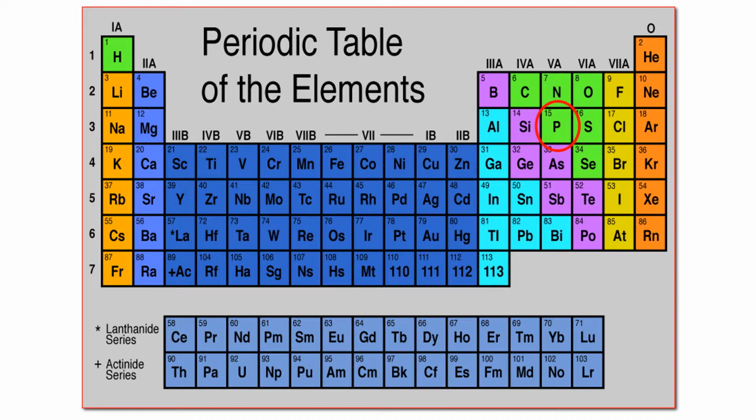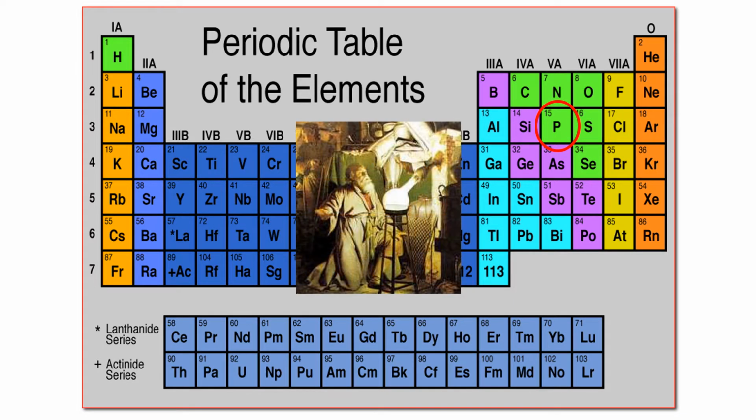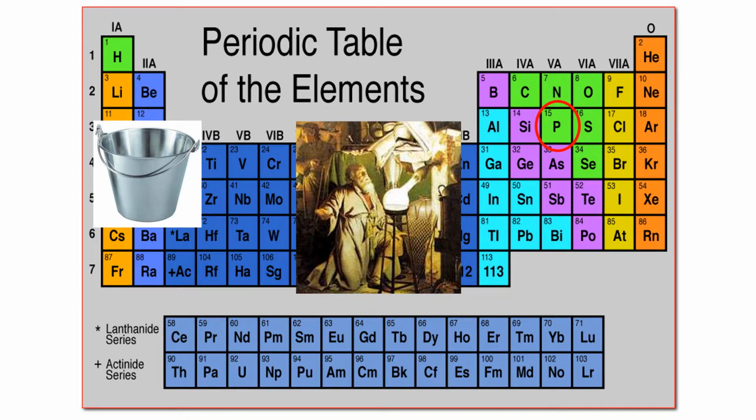Now, phosphorus was first discovered by this guy, Hennig Brand. Hennig Brand, like many researchers of his day, was trying to figure out how to turn lead into gold. So he had his big idea. He had a great idea. His idea was to get a bucket and then pee in that bucket and save the pee. And he just saved the pee for a long time.